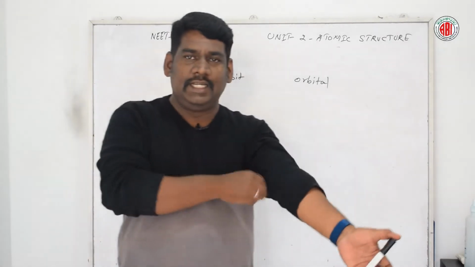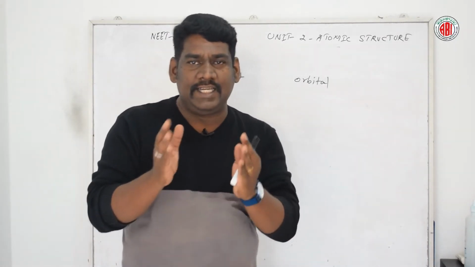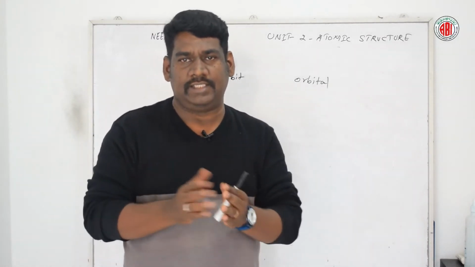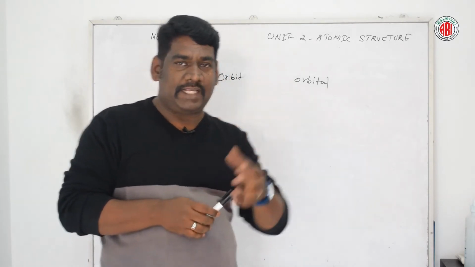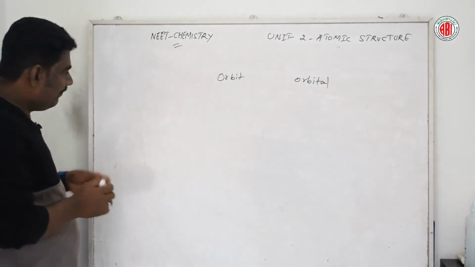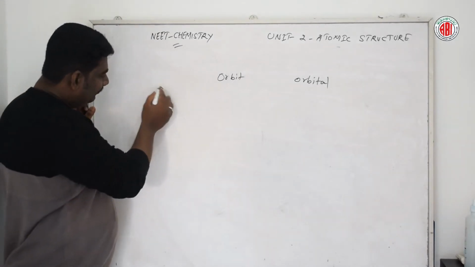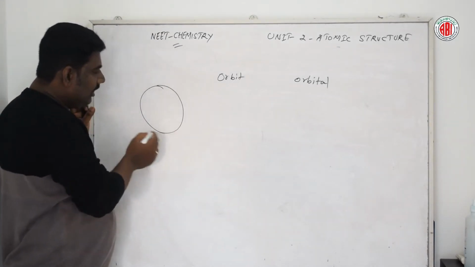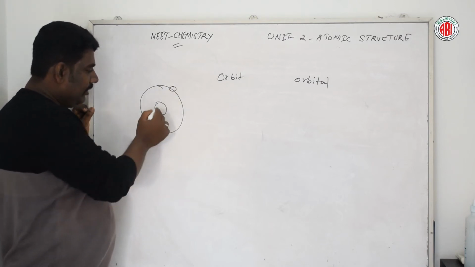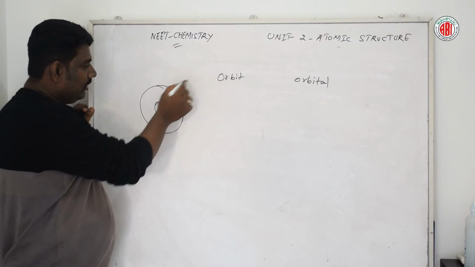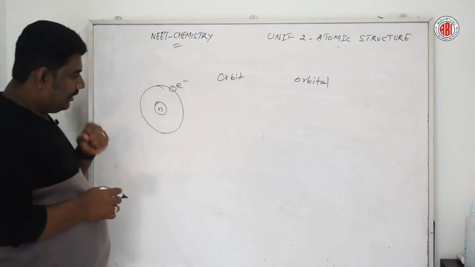An orbital represents the region in the space around the nucleus in which the probability of finding the electron is maximum. For example, this is the circular path where the electron revolves around the nucleus, and it is said to be an orbit.